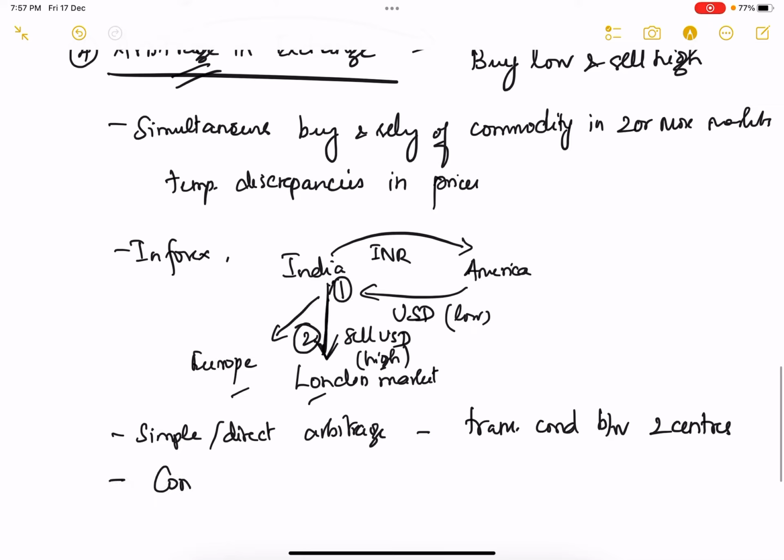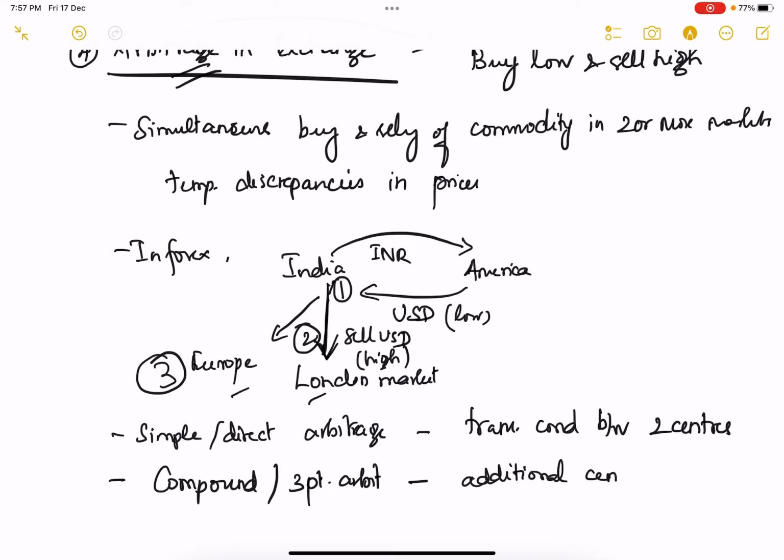Whereas compound or 3-point arbitrage is when additional centers are involved, like in Europe. This is known as compound or 3-point arbitrage.